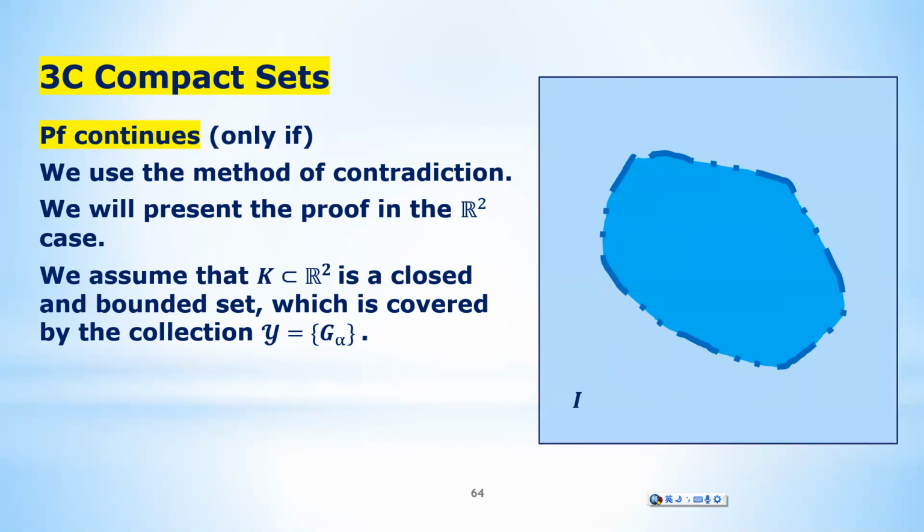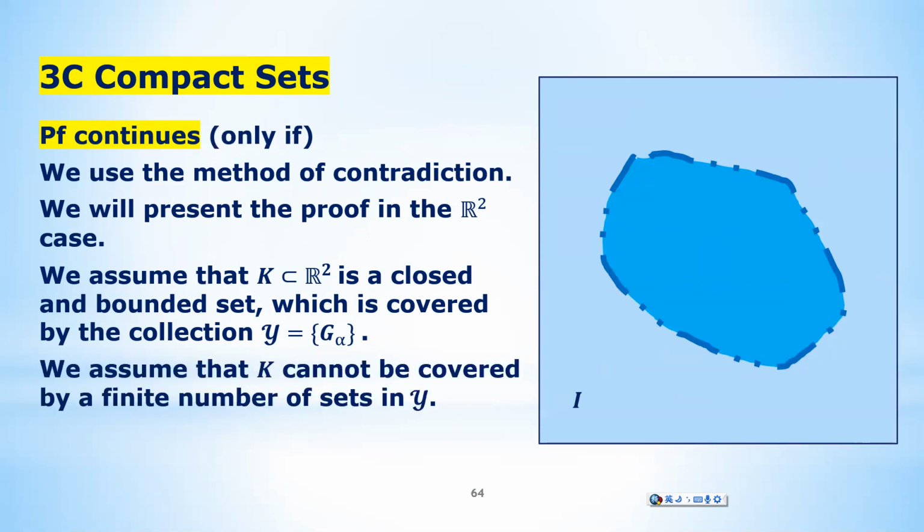It's covered by a family of open sets Y. And let's assume, by contradiction, that K cannot be covered by a finite number of sets in Y, and we're going to try to get a contradiction. This proof is a little bit more complicated, so be careful, okay? So we argue by contradiction.